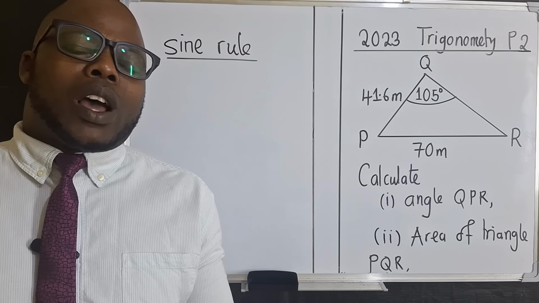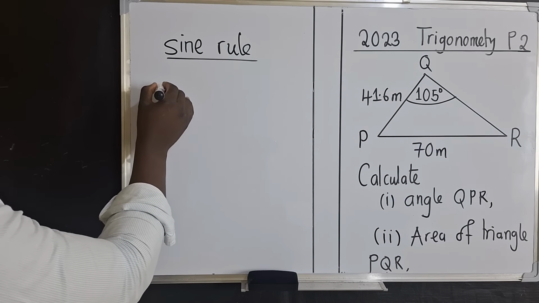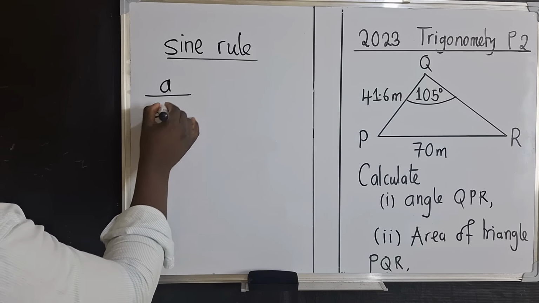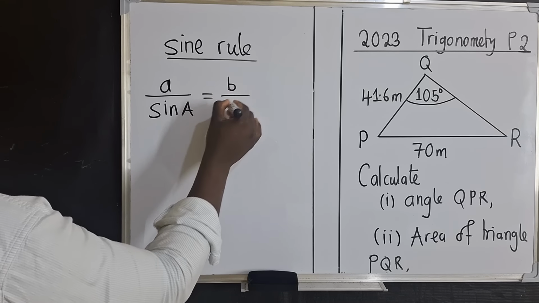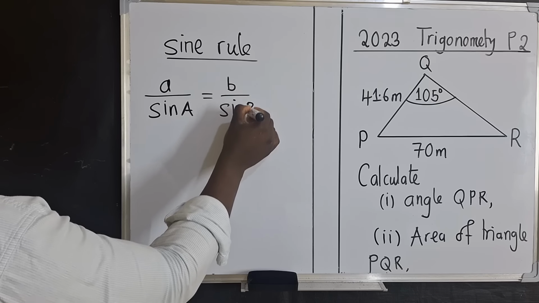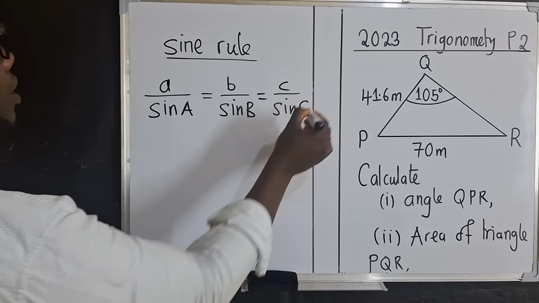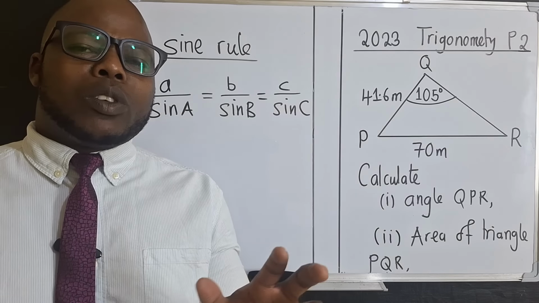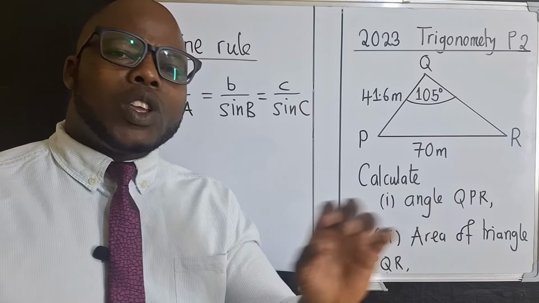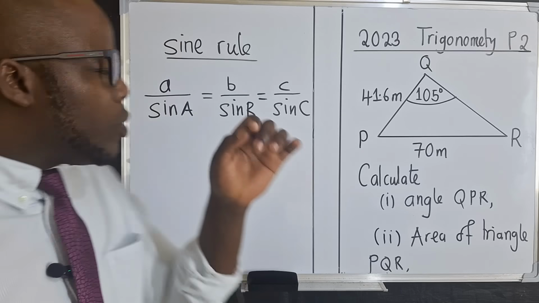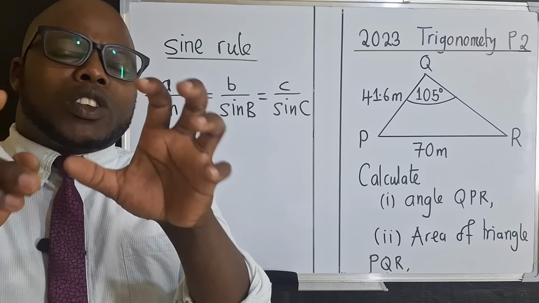And how does the formula for the sine rule look? The formula looks like this: a over sine A is equal to b over sine B, equal to c over sine C. So whenever you're dealing with a non-right angle triangle, one that doesn't have a 90 degree angle, you're supposed to use the sine rule or the cosine rule, depending on what you've been given.